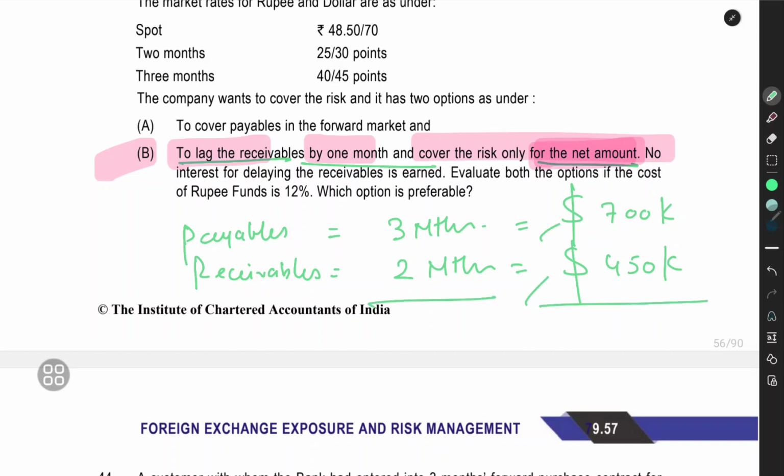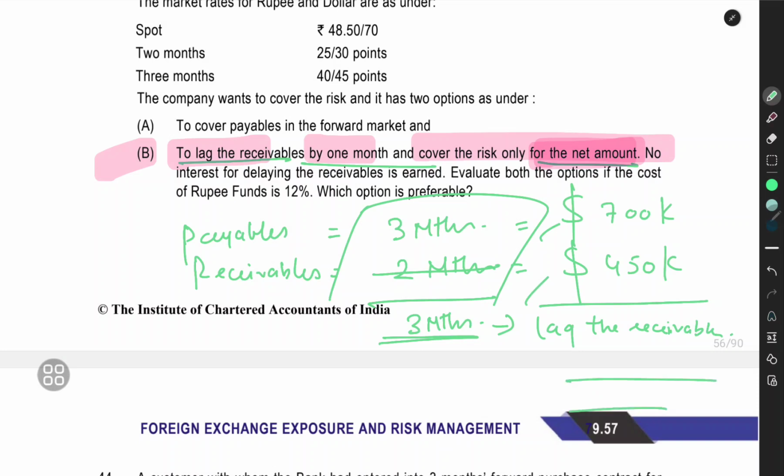This was where we had an issue, the tenure. What they have said is, okay, you have an issue here. What you do is, instead of 2 months, make it 3. How do you make it 3? By lagging the receivables. So that's how we got 3 months here as well. So now can we net off? Yes, now it's possible. So now we can net this off and we get this as $2,50,000 payables.